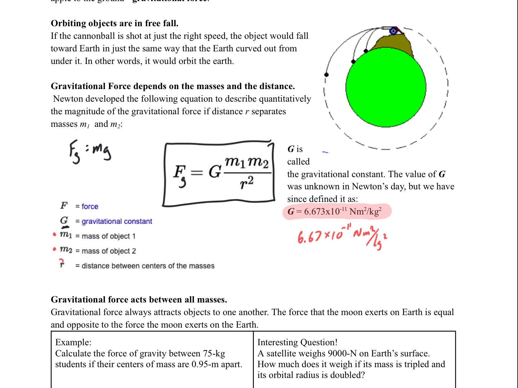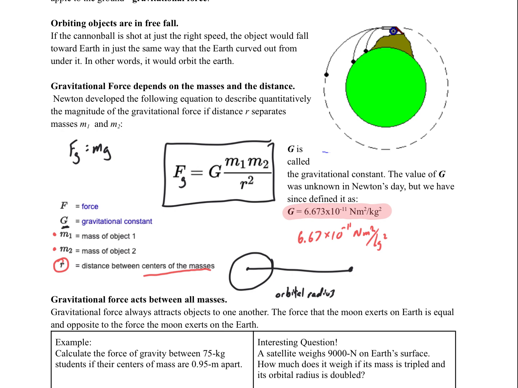The R is the distance between the centers of masses, and that's important because sometimes we can have a question that gives us the orbital radius. Anytime it says orbital radius, it means that big distance there.